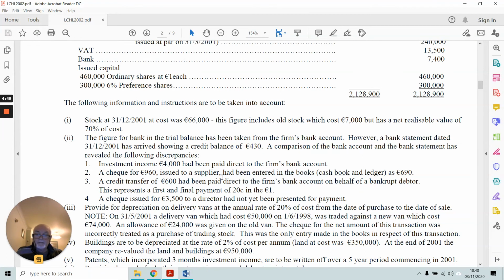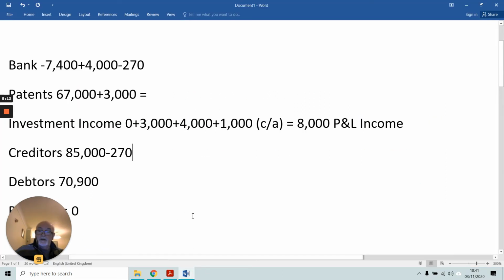Moving on to the next adjustment, we've received 600 euro by credit transfer paid direct into the bank account. One of our debtors has gone bankrupt and they've paid us 20 cents in the euro, or 20% of what they owe us. So 600 is 20%, or 1/5 of the debt. So the debt is €3,000. So what we're actually doing here is we're writing off 2,400.